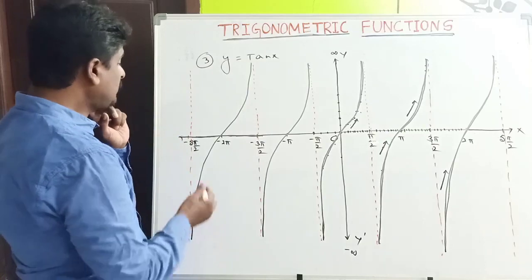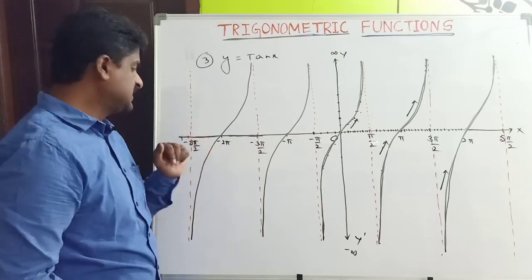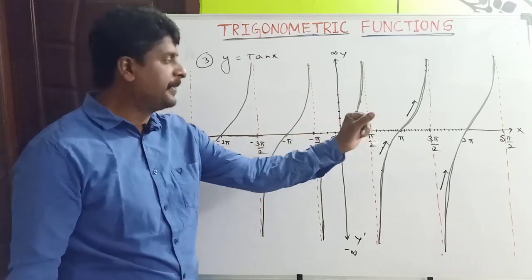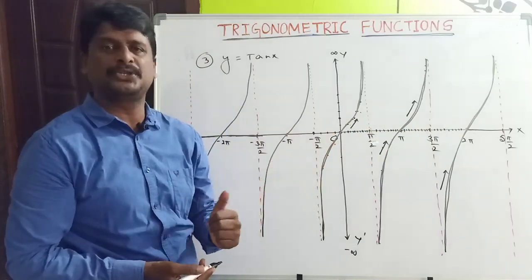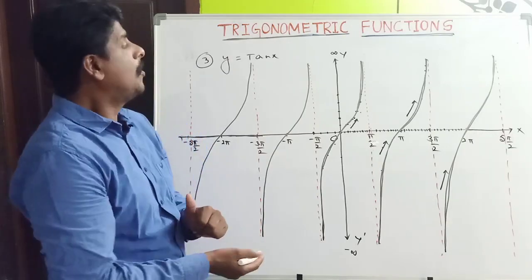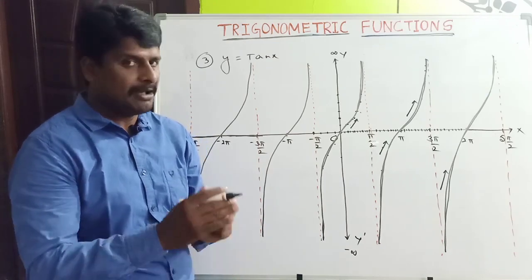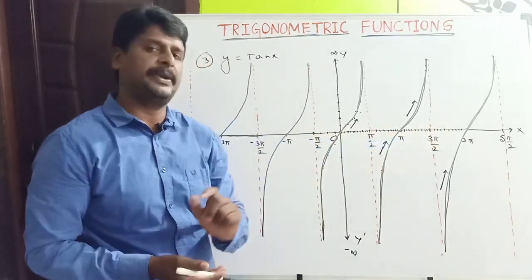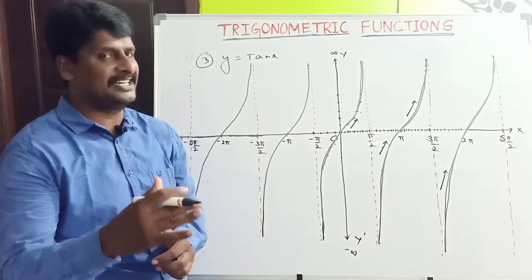And observe that tan x is not defined for minus 5 pi by 2, minus 3 pi by 2, minus pi by 2, pi by 2, 3 pi by 2, 5 pi by 2, then after 7 pi by 2, 9 pi by 2, 11 pi by 2, 13 pi by 2, etc. While observing, wherever tan x is not defined, those values are always odd multiples of pi by 2, like 1 pi by 2, 3 pi by 2, 5 pi by 2, 7 pi by 2, 9 pi by 2, 19 pi by 2, 31 pi by 2, 99 pi by 2.